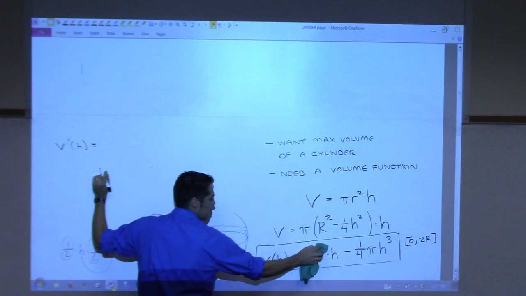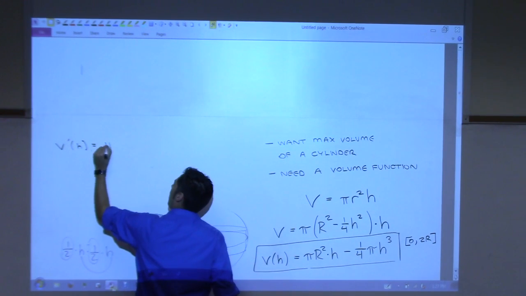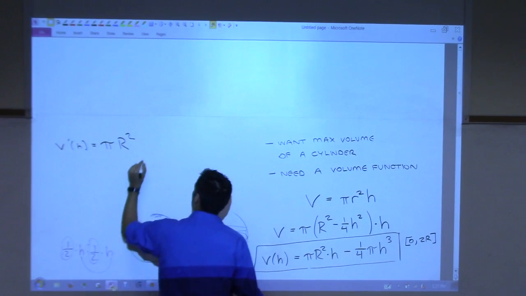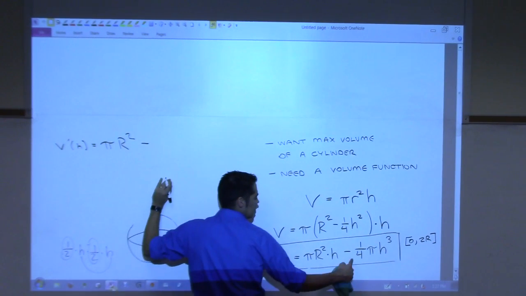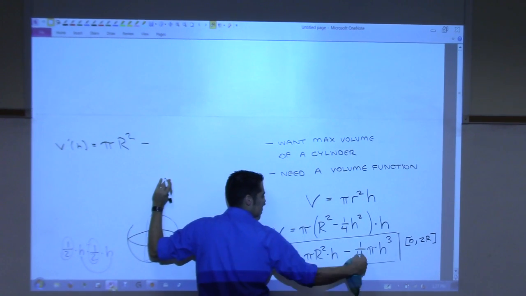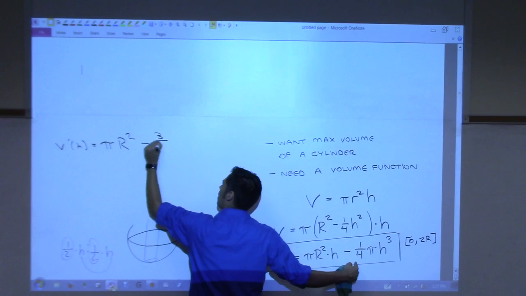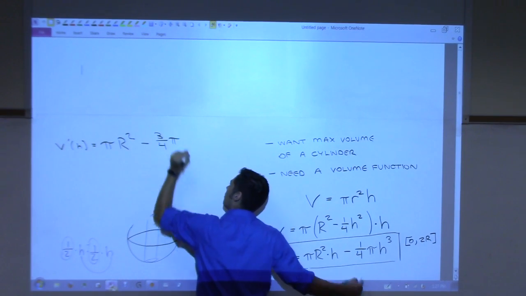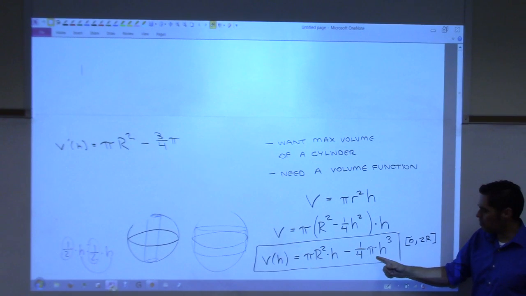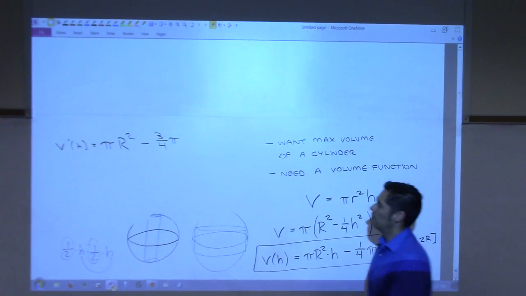Cover it up. It's coming for the ride. What's the derivative of h? 1. Pi capital R squared. Minus 1/4 times pi is a constant. So the 3 comes out, hits the 1/4 pi, 3/4 pi h squared.